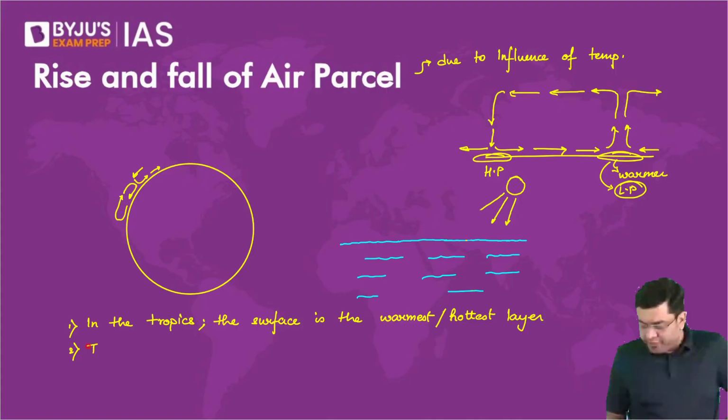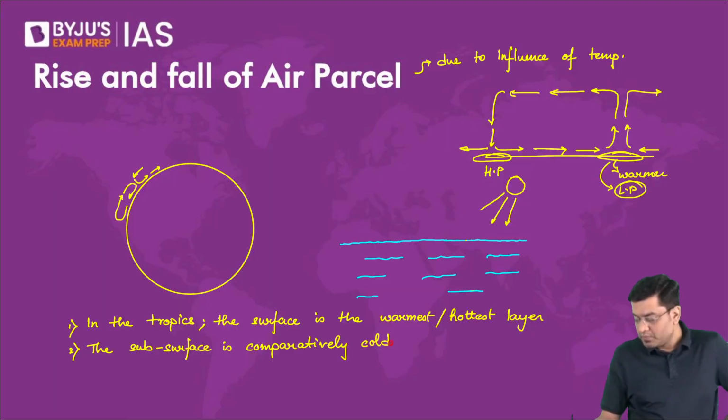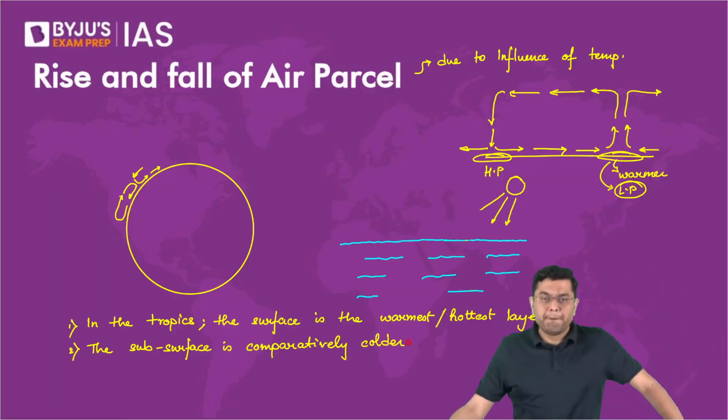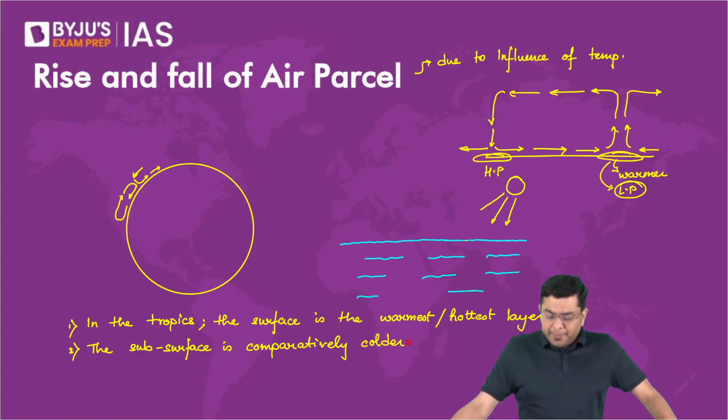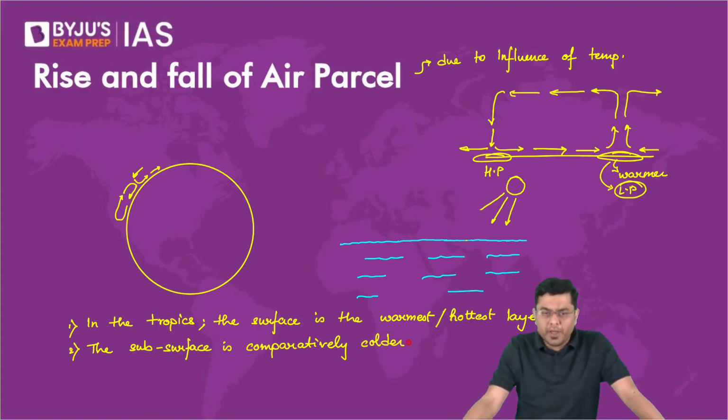The subsurface is comparatively colder. Okay, I hope you don't have any doubt up till now that the subsurface will be comparatively colder because the surface is the warmest layer that is present.